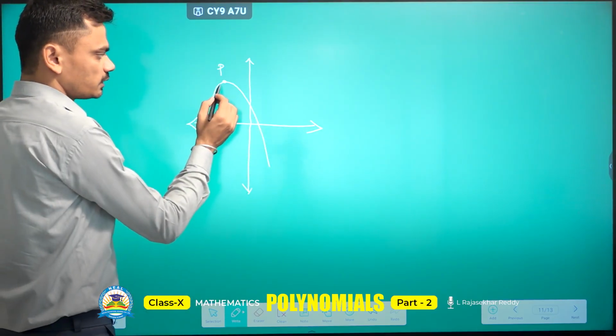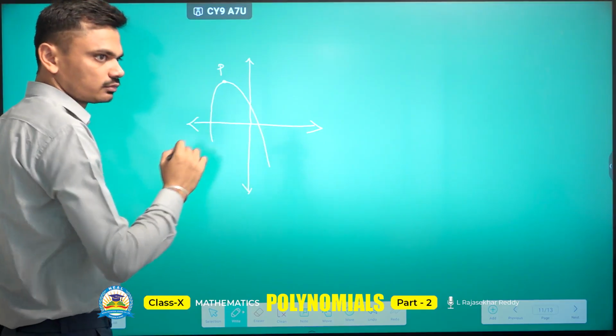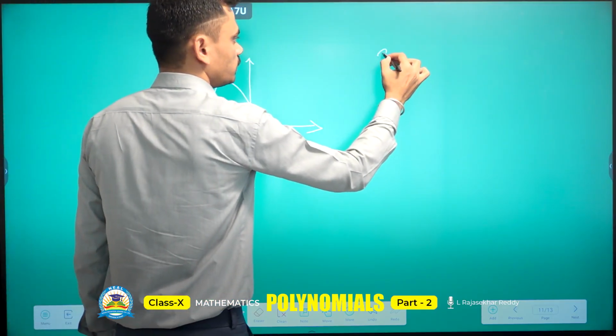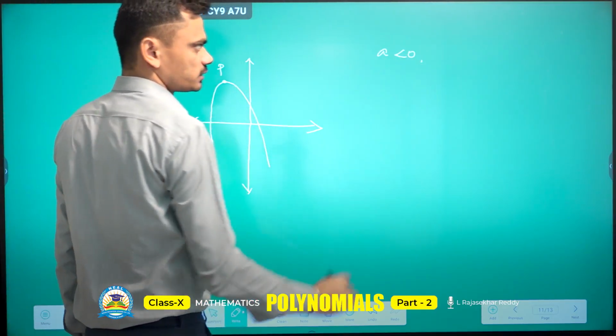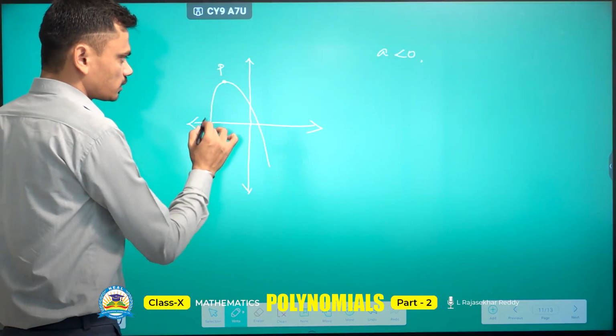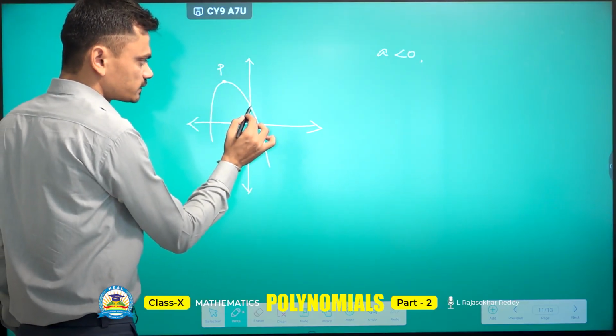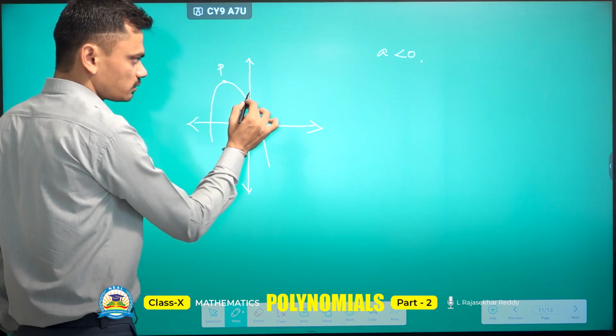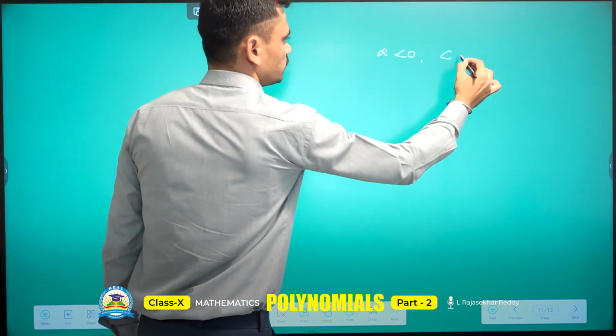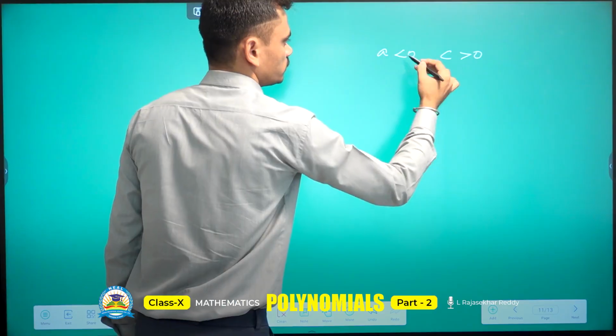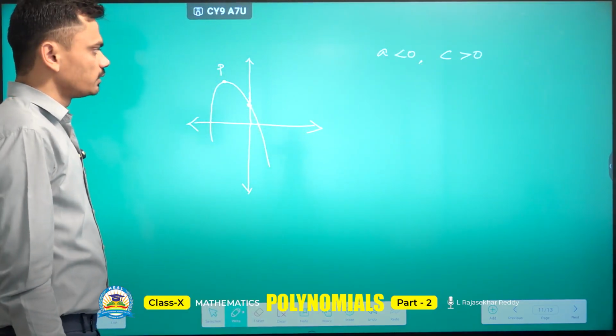Here first it is open downwards, so a is less than 0, finish it. And the curve is intersecting the y-axis in the positive direction, so c is greater than 0. These two completed.